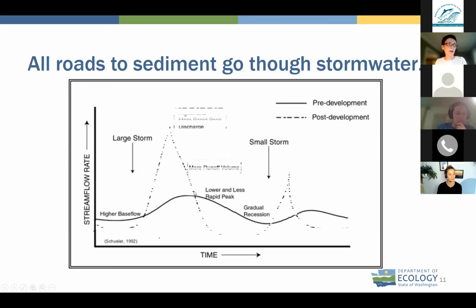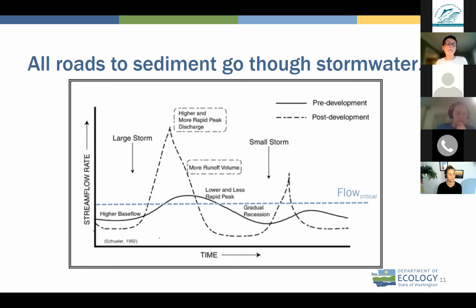In contrast, under post-development conditions, the spikes are more pronounced, flows increase and recede rapidly, and even small storms can cause some spikes, whereas under forested conditions, the flow would have barely caused an uptick in the hydrograph. What this means is that you have a lot more erosive forces in the stream with more ability to mobilize sediment. I'm going to go a little bit in the weeds here, but we won't stay there for too long.